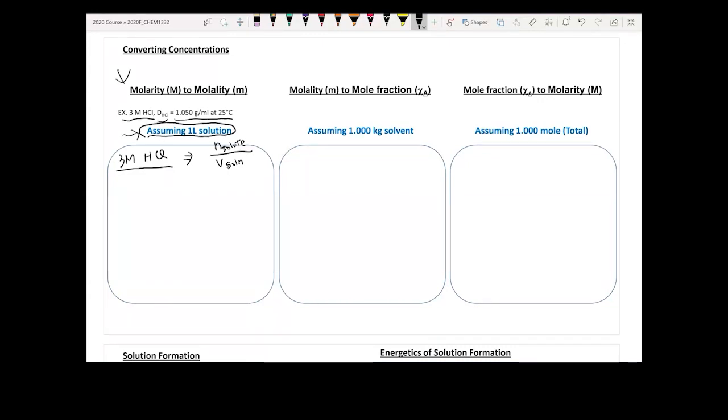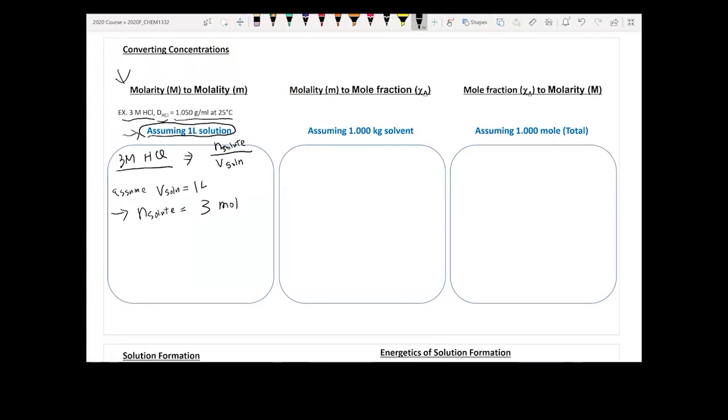Assume our denominator is equal to 1, which means I assume my V solution equals 1 liter. Then I know the number of moles of solute is going to equal 3 moles.